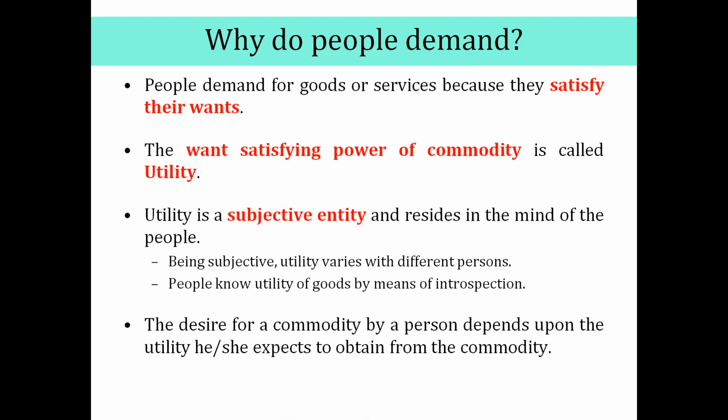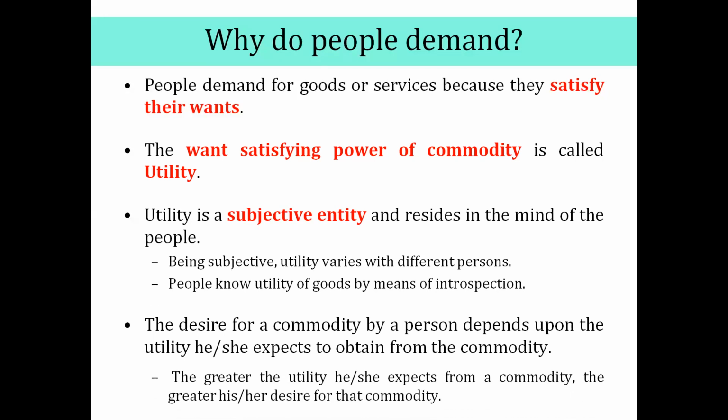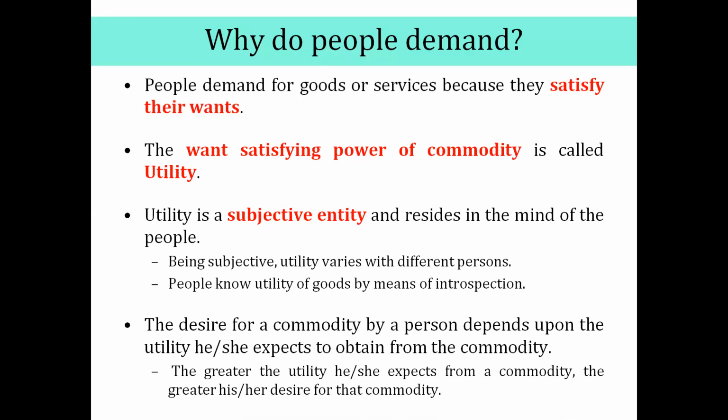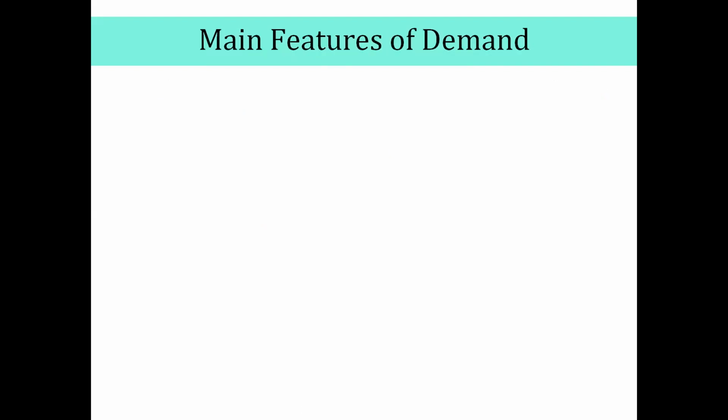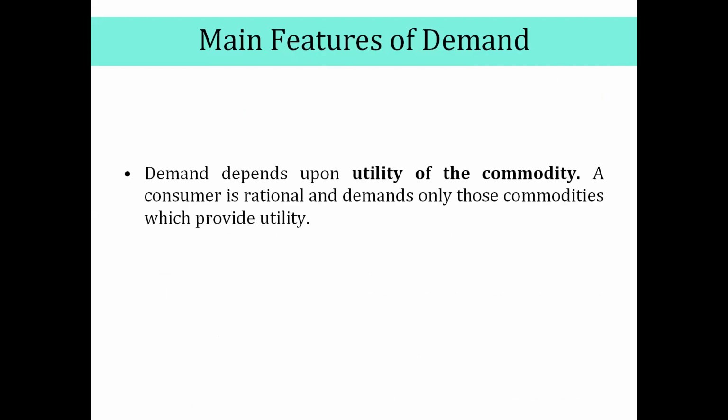The desire for a commodity by a person depends upon the utility he or she expects to obtain from the commodity. The greater the utility he or she expects from a commodity, the greater his or her desire for that commodity.